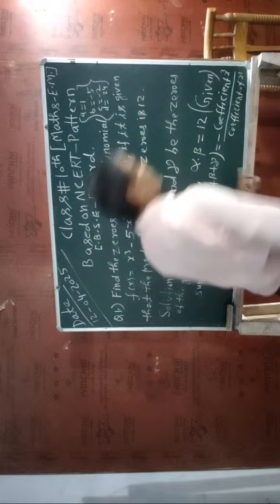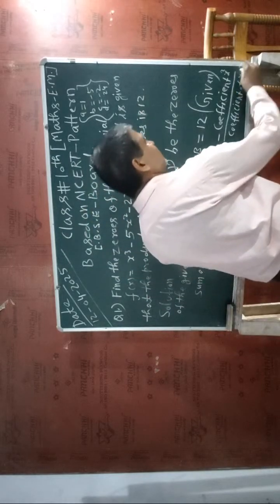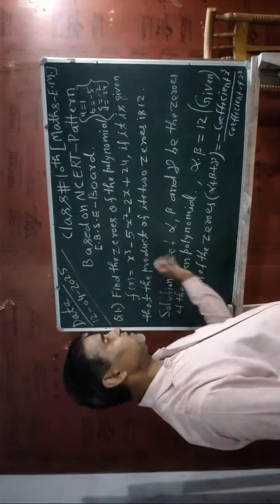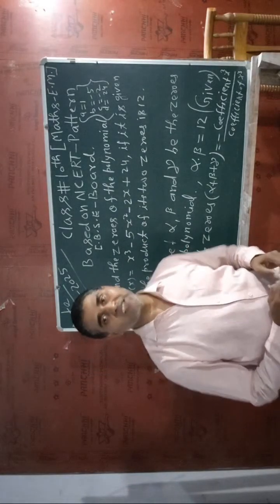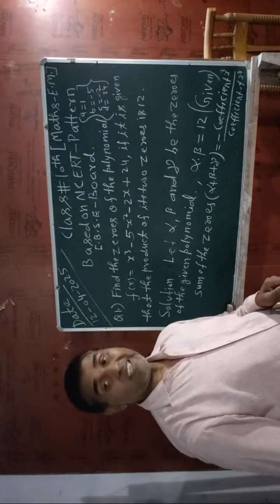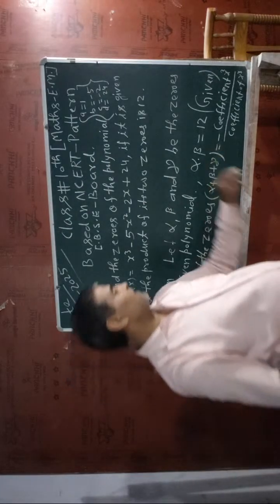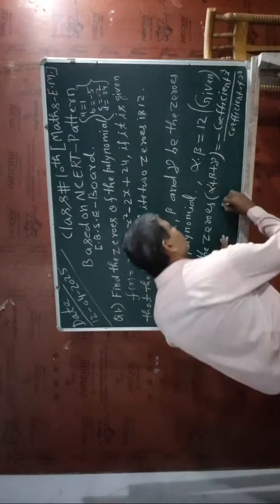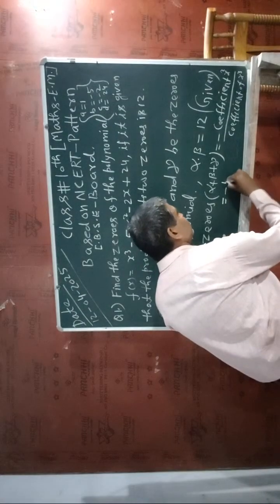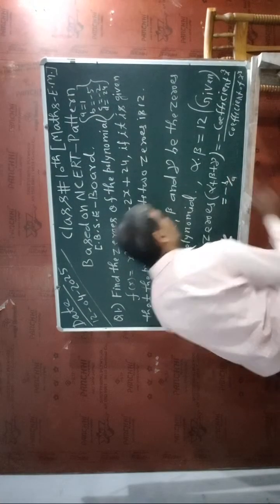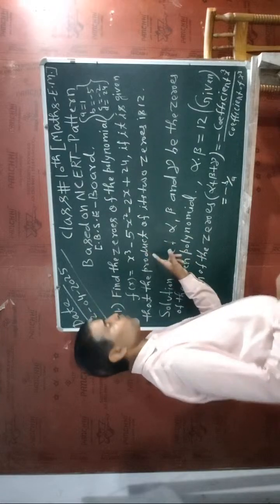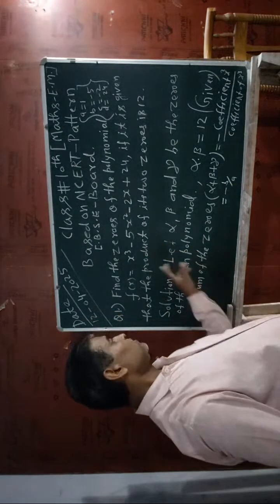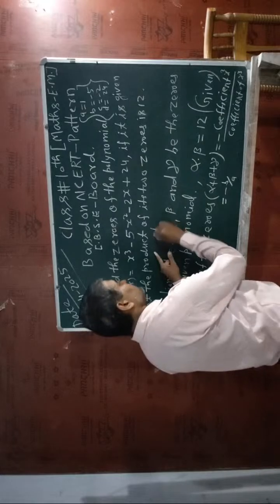In the general equation, the coefficient of x square is b, so I will write minus b divided by a, where the coefficient of x cube is a.